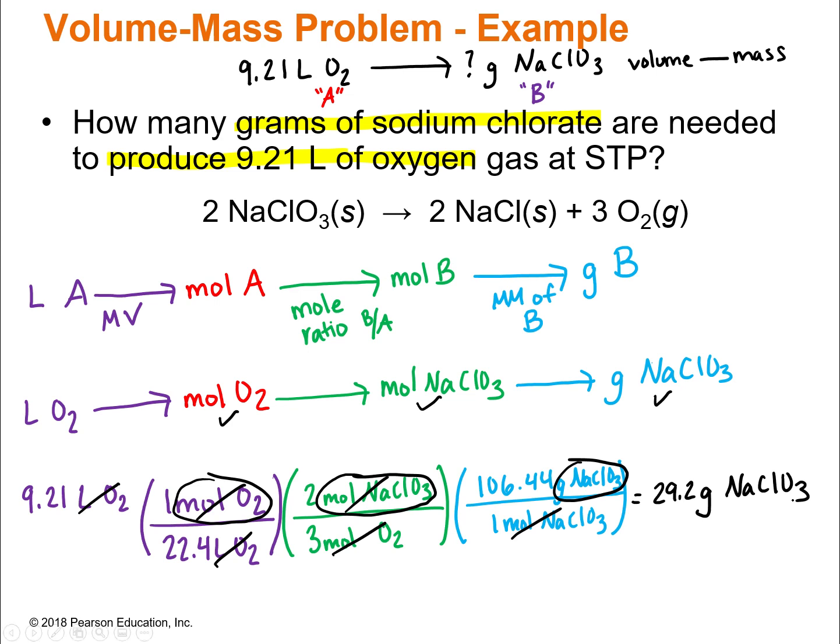And you should get 29.2 grams of sodium chlorate. So not really different. We're just flipping the order of events, and we're using a different unit factor. So for this unit factor, you want to use 1 mole over 22.4 liters.